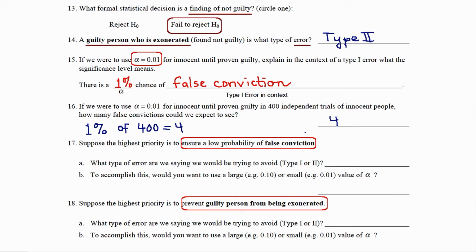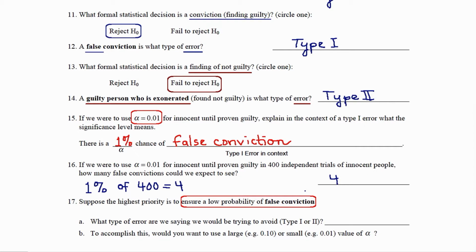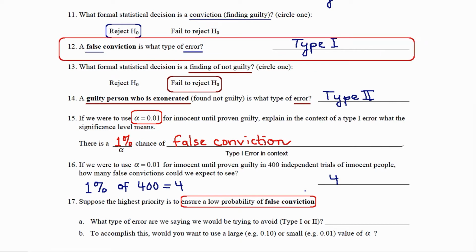False conviction, we already determined above, is a type 1 error. And therefore, if our highest priority is to reduce the probability of false conviction, then we have to try to make it harder to have a type 1 error.